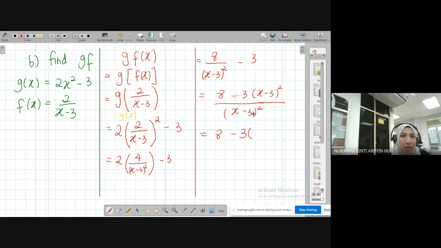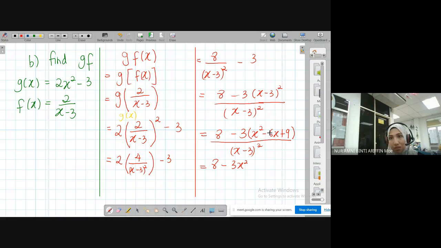Expand (x minus 3) squared. Ingat lagi tak expand macam mana? You expand the equation, so you get x squared minus 6x plus 9, close bracket, over (x minus 3) squared. Then you just times as usual: negative 3 times x squared becomes negative 3x squared.